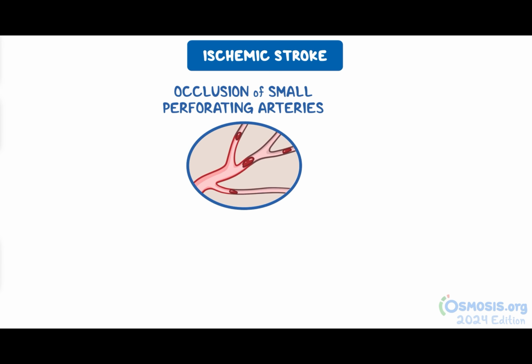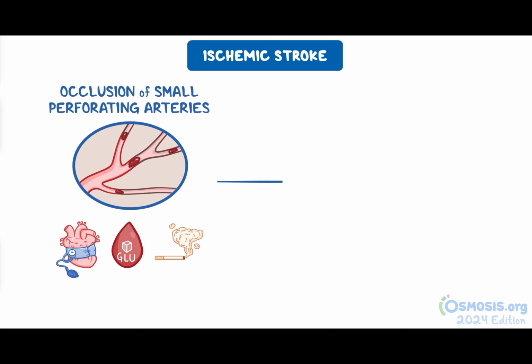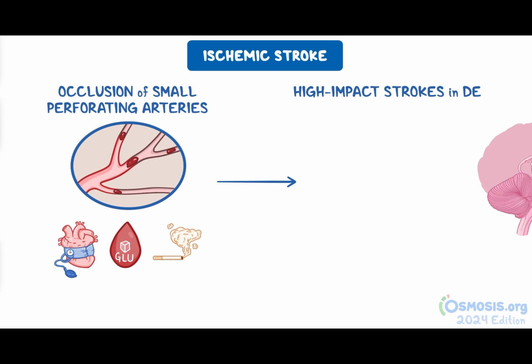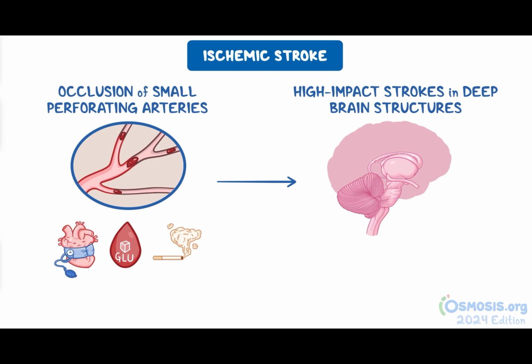Another common etiology is the occlusion of small perforating arteries from long-standing hypertension, diabetes, and smoking. This leads to small but high-impact strokes in deep brain structures, such as the basal ganglia and brainstem, known as lacunar strokes.